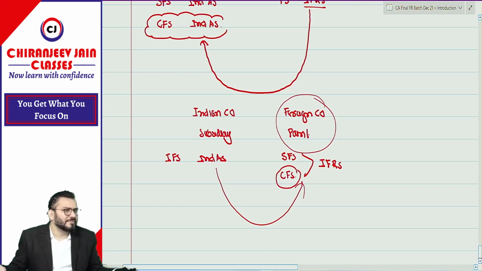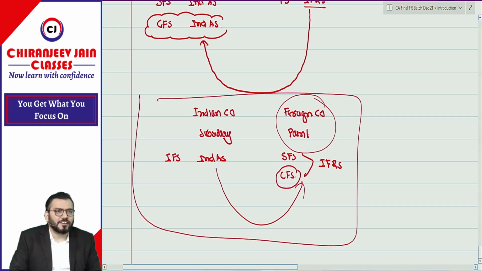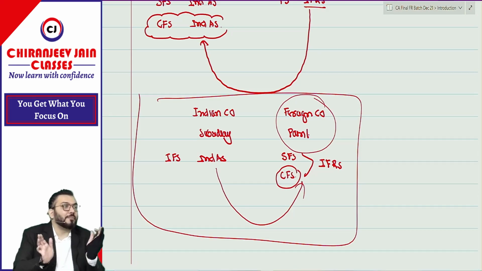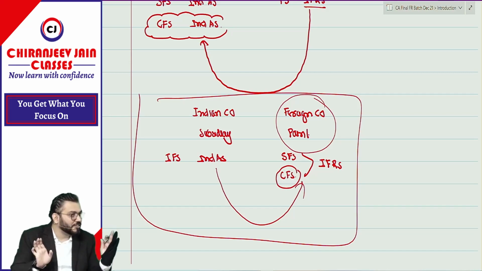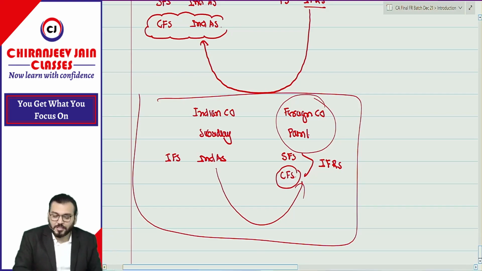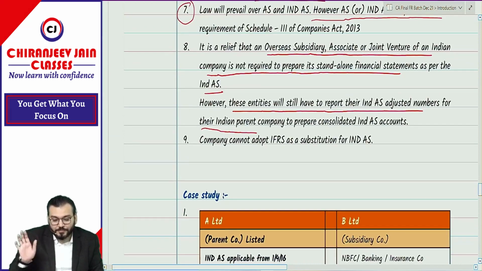Simple. But can I say this point is not relevant in the Indian context? In the Indian context, this point is not applicable, because we are only here to apply Ind AS, not IFRS or US GAAP, etc. Understood? Your doubt is clear? Yes, sir.